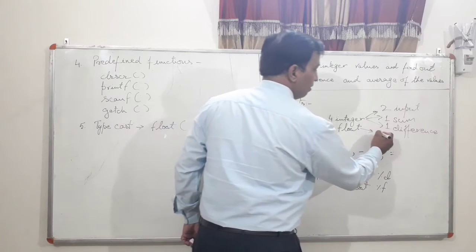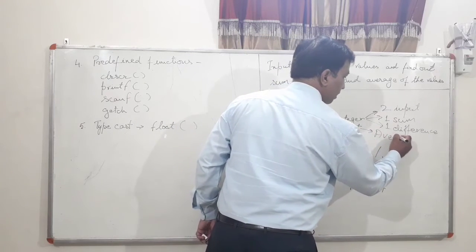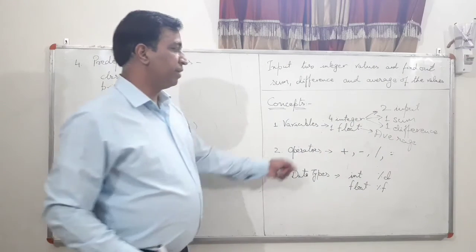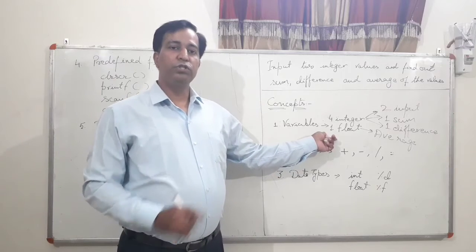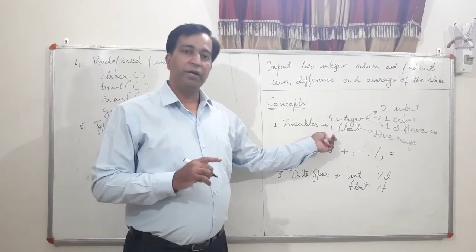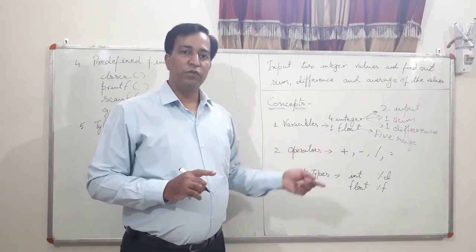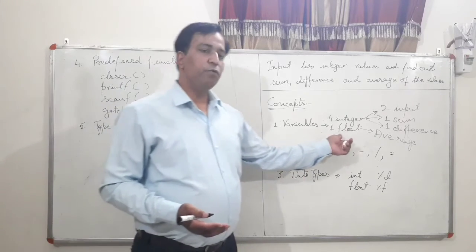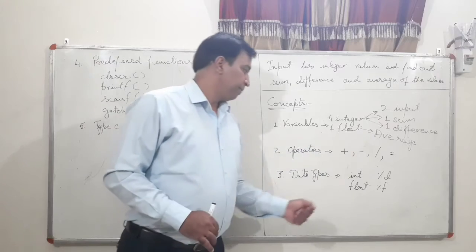Now 1 float variable will be required to calculate average. Why float variable? Because we are going to use the divide operator in this. In division we may get our answer in decimal also, that is why a floating point variable is required, right?